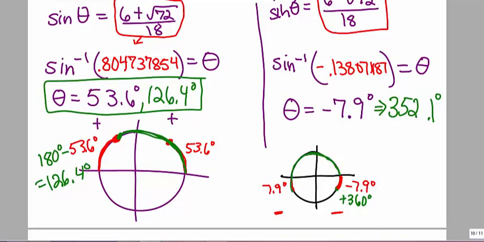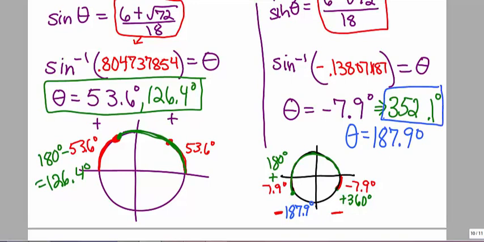So I want to know what quadrant 3 angle has a reference angle of 7.9 degrees. So in this case, we want a complete half rotation, 180 degrees, and then we want to go a little bit more into quadrant 3, 7.9 degrees. So we're going to add 180 to 7.9. And that quadrant 3 angle turns out to be 187.9 degrees.